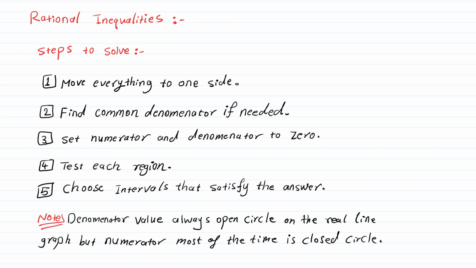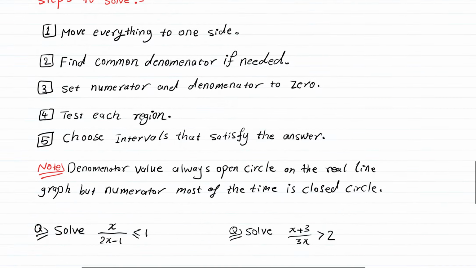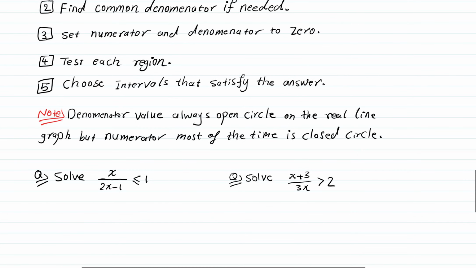Okay, we have an important note: denominator values, oops, we forgot the s here, denominator values are always open circles because they are not in the domain on the real line graph.